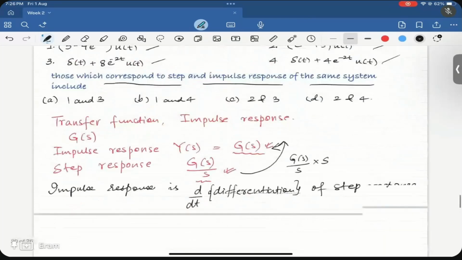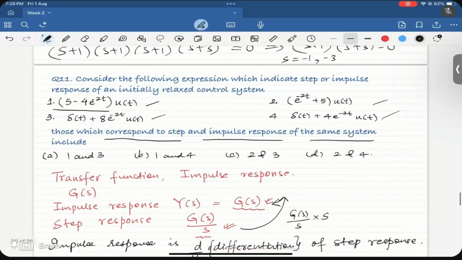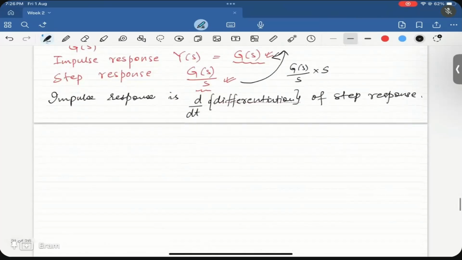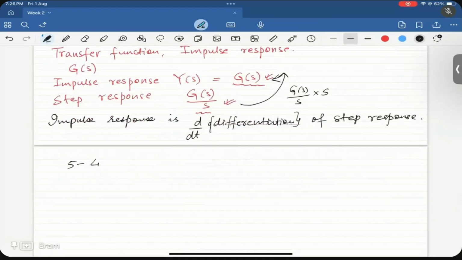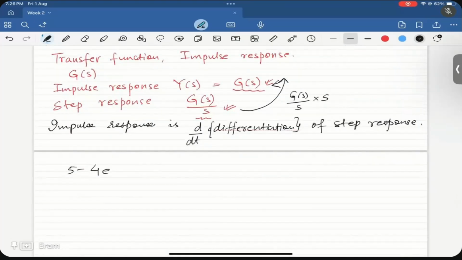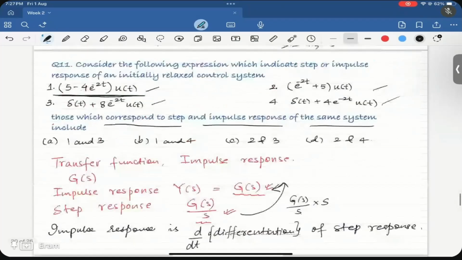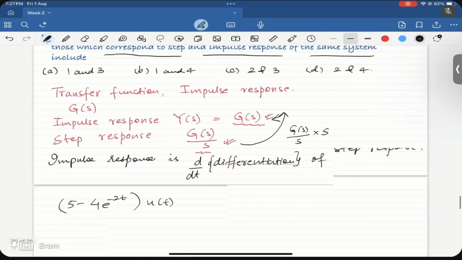Okay, so for this question, let's take the first one. We have 5 minus 4 e to the power minus 2t into u(t). So this is some response.